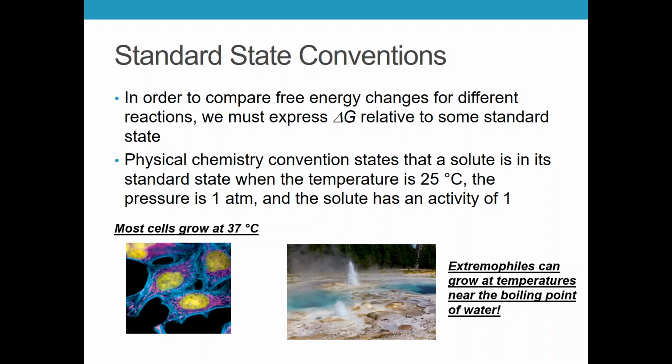So clearly, this physical chemistry convention doesn't always work. And as you'll see later, if you take Biochemistry 2, you'll learn about this in more depth. There are modified ways to express the Gibbs free energy equation as well as equilibrium constants that account for biological conditions that deviate from these standard state conventions.